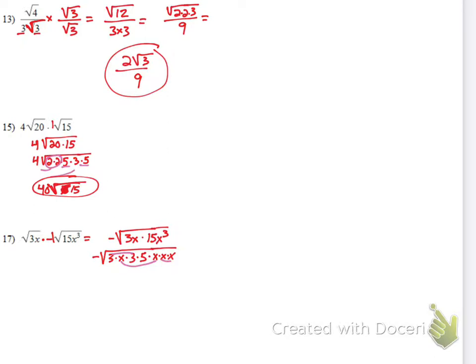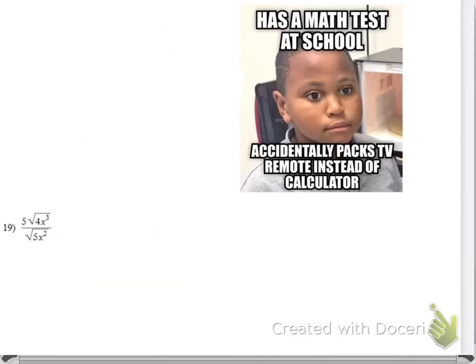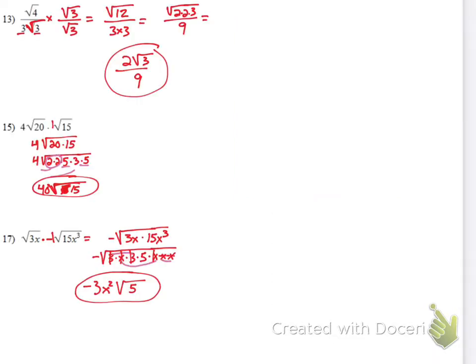I have to keep this negative there. So I have a negative 3 times x, which should be x squared. So I got rid of that, and that. So looks like it's just going to be with the 5 underneath. Oh, did I get them all? I did.